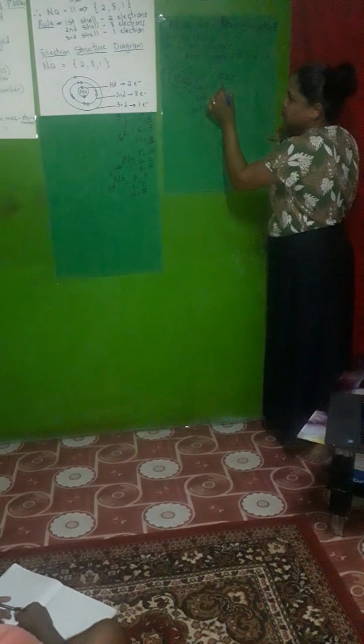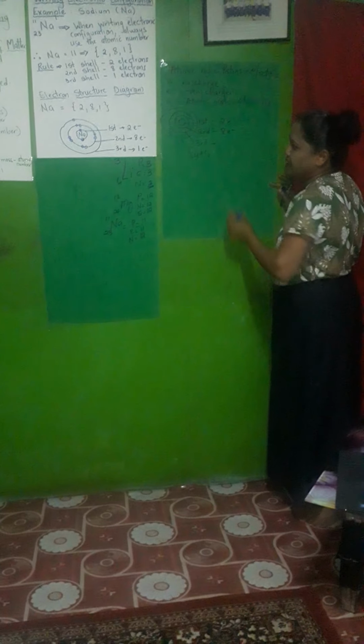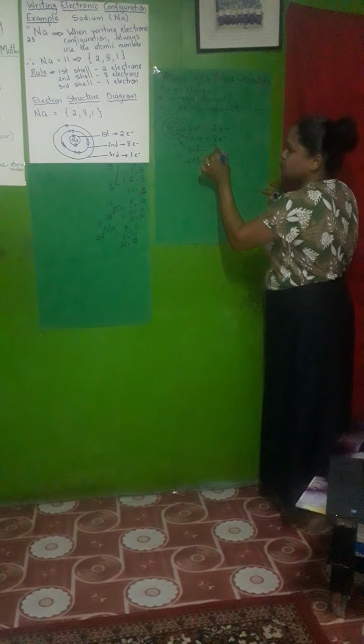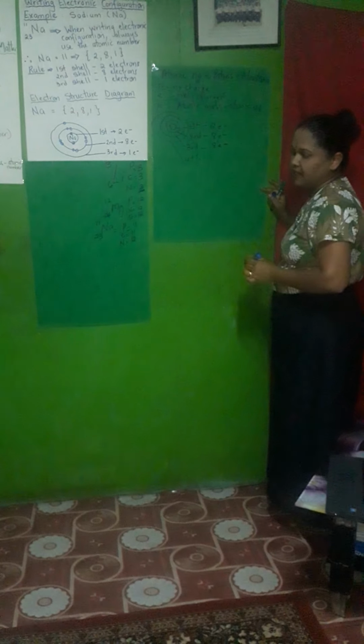So according to Aufbau's principle, the first energy shell can only occupy 2 electrons. The second energy shell can occupy up to 8 electrons depending on the atomic number. The third energy shell can also occupy up to 8 electrons, and the last one can occupy up to 18 electrons.